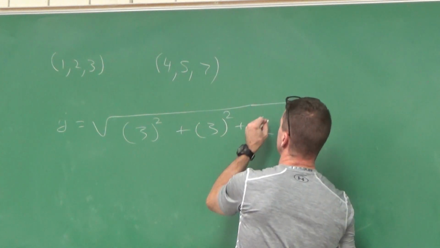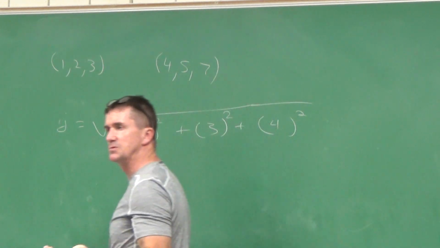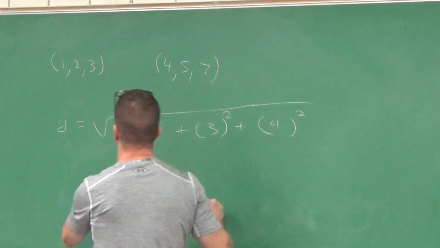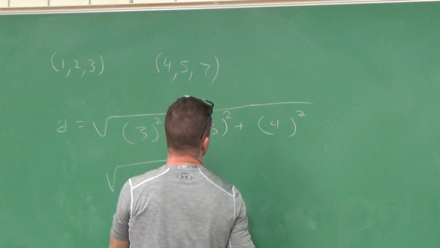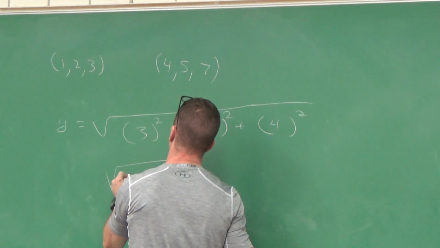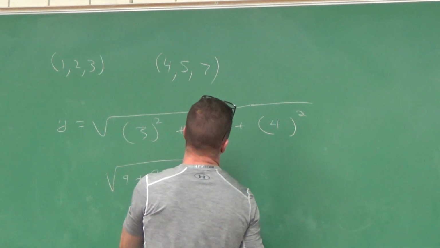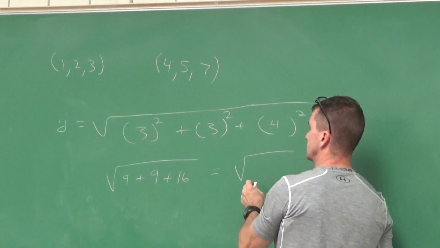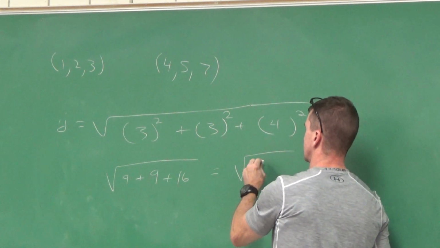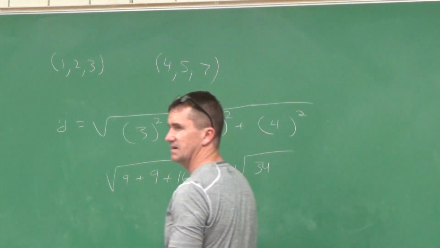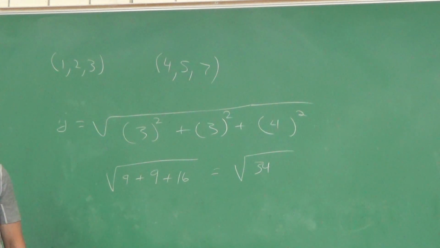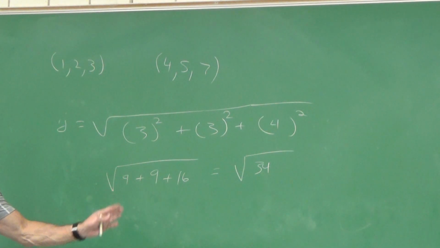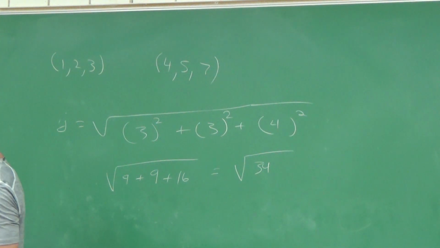And 7 minus 3 is 4. Square them: 9, 9, and 16. 18 plus 16 is 34. Can I leave the answer like that? I thankfully have you to catch my errors when I screw up. So we know how to find the distance between 2 points.